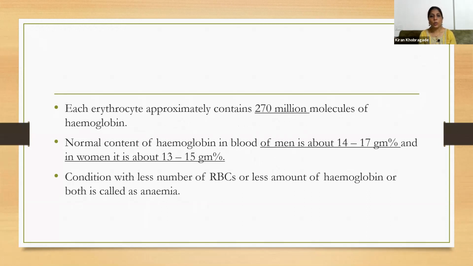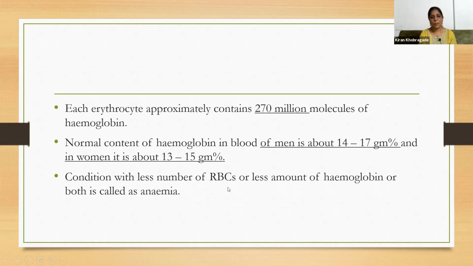So about 270 million molecules of hemoglobin are present in each RBC cell. Normal content of hemoglobin in the blood of a man is about 14 to 17 grams per 100 milliliters. And in women it is about 13 to 15 grams per 100 milliliters.